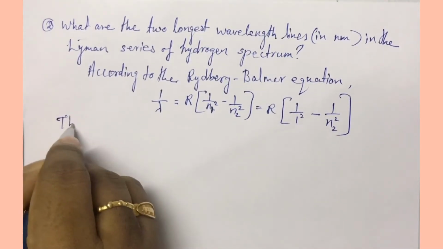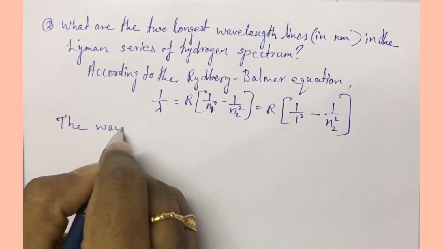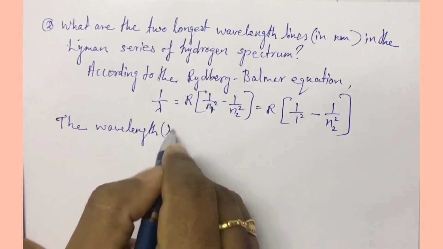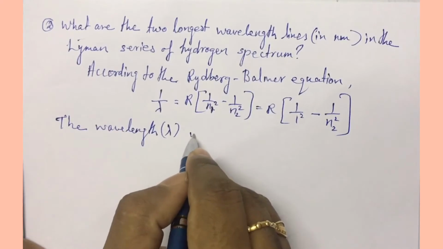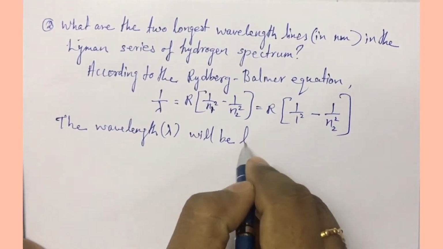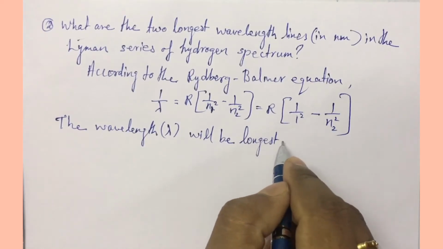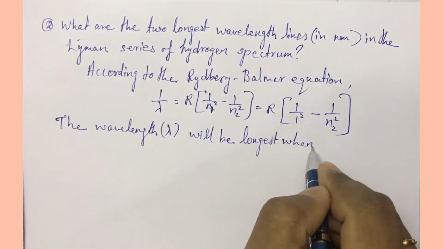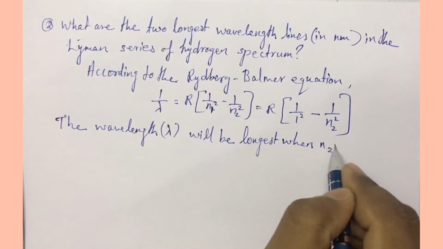So the wavelength lambda will be longest when n2 is smallest.